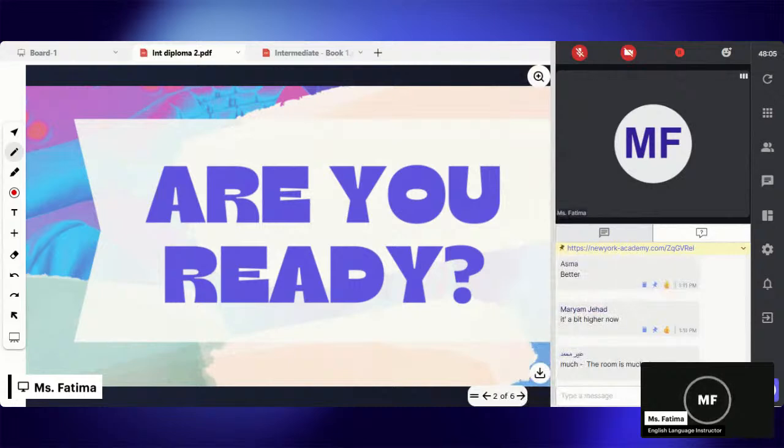It's a bit higher now. The room is much clearer now. Excellent. Great. Good job. So we can use much and a lot to show a big difference, and to show a small difference, we use a little or a bit.